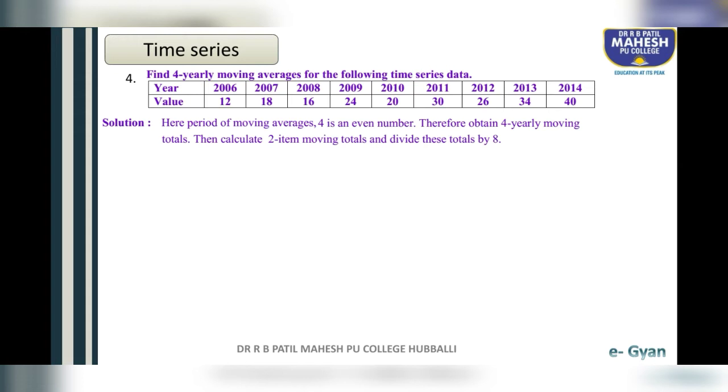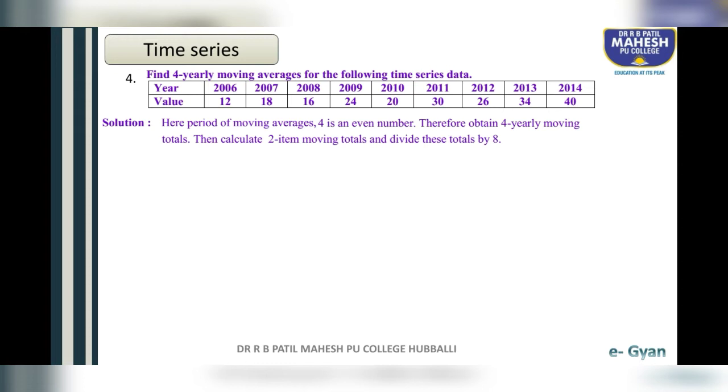Students, in the first column, first you have to write the year, then the value, and up to this is the same. In the next column you have to write the 4 yearly moving total. So this means you have to take 4 values as a group and add them. So for an even number, one column is extra.